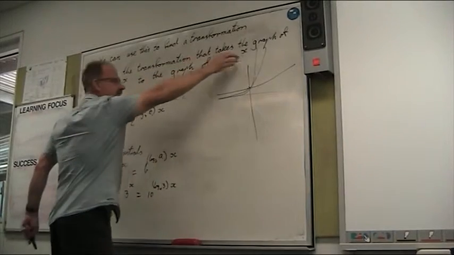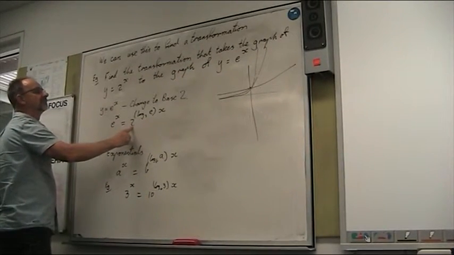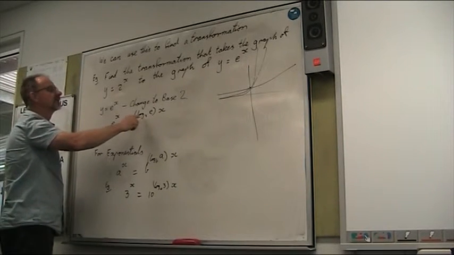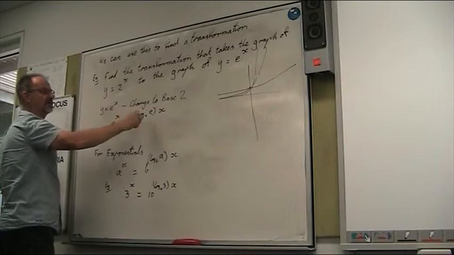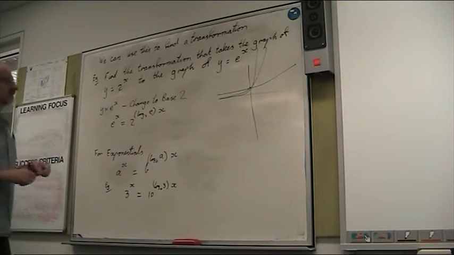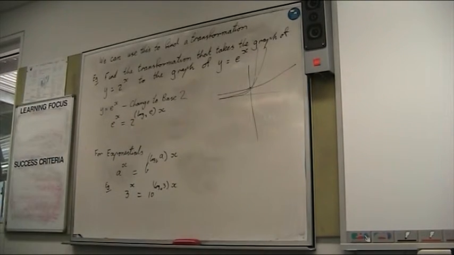So we've rewritten this one with a base of 2. Log to the base 2 of e is just some number, so we've got some number in front of the x.